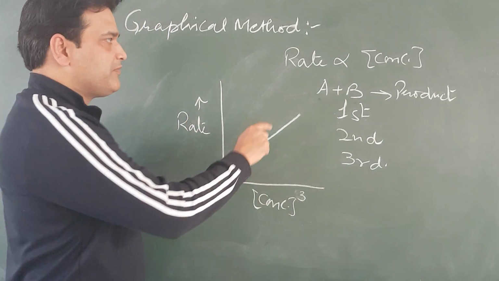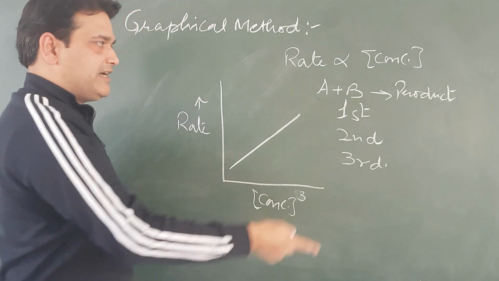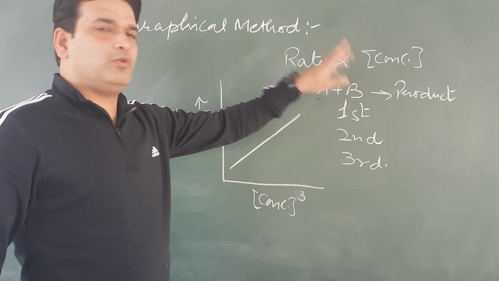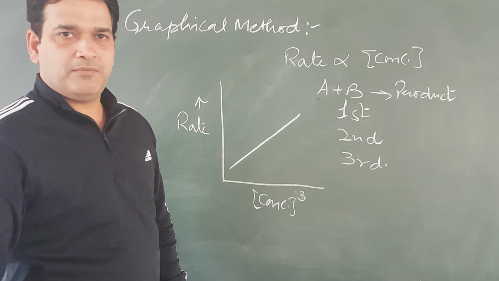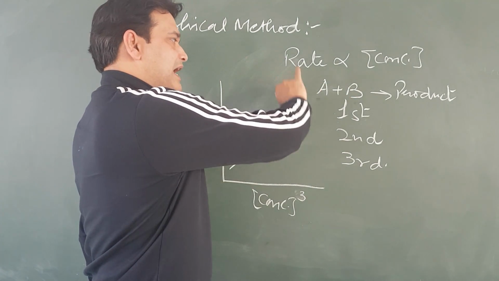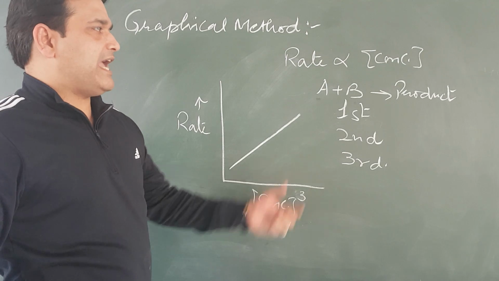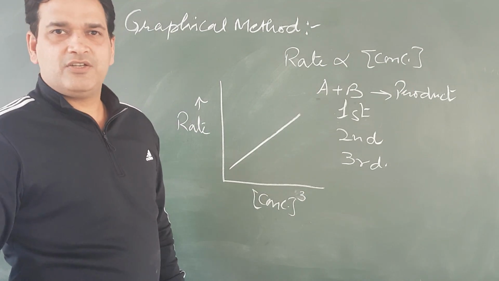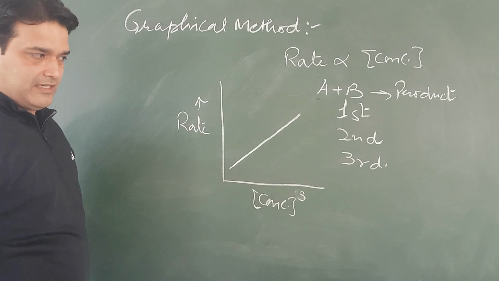In this method, the rate can be studied either with respect to A or with respect to B. But the aggregate can be used for the whole reaction. So this is the graphical method.